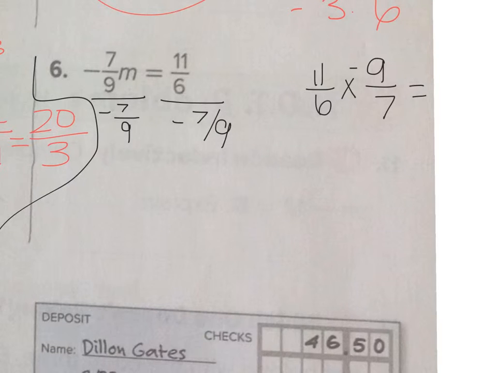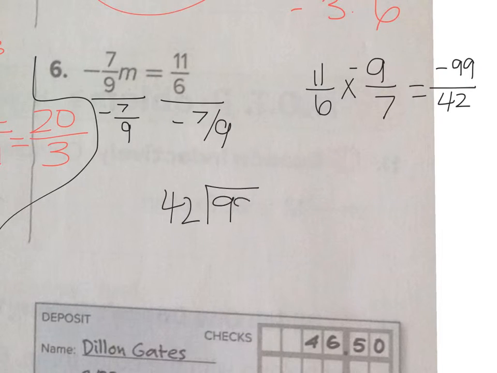And what this gives us is a negative 99 over 42. And in order to simplify this, I know that 42 can go into 99 2 times, and 2 times 42 is 84. And when we subtract 99 minus 84, we're left with 15.